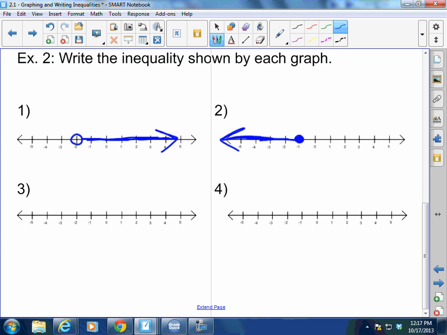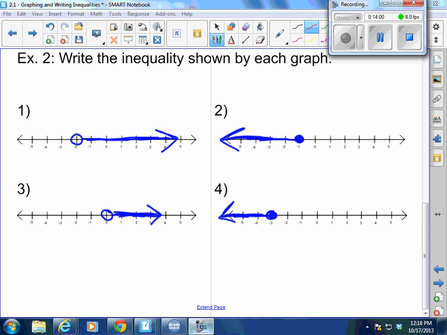On number 3, we're going to do an open circle on the 0, going to the right. And for number 4, we're going to do a closed circle on negative 3, going to the left. So, first go ahead and take a second to write those down. And then you guys are going to tell me what the inequalities are. Okay, I'll give you a minute to do that.